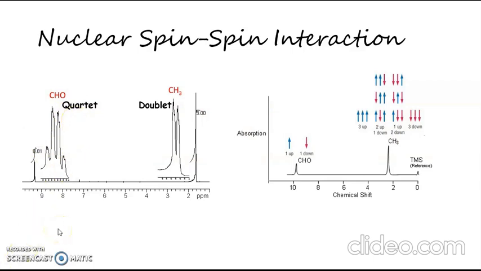You might feel some difficulty in finding the splitting of one proton with respect to the other. But don't worry, you have some general rules about spin-spin interactions which are helpful in calculating the number of lines expected in the NMR spectra.